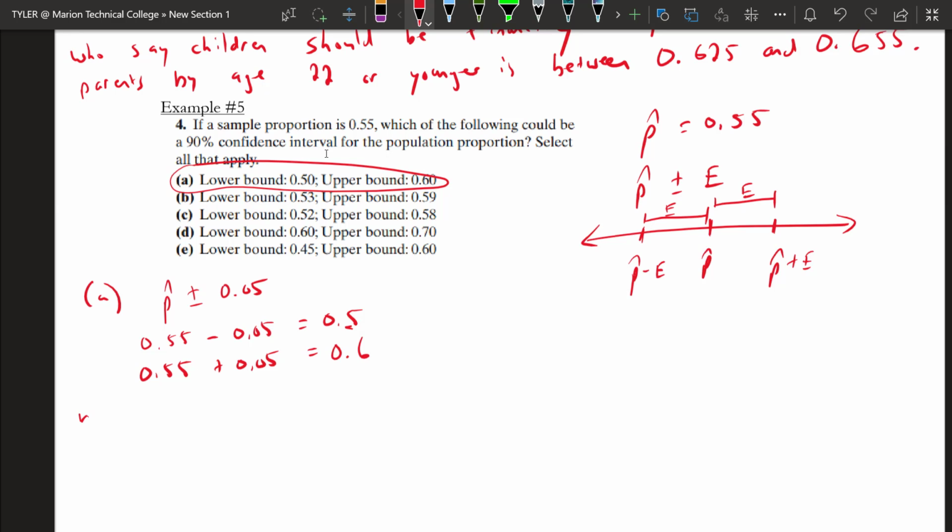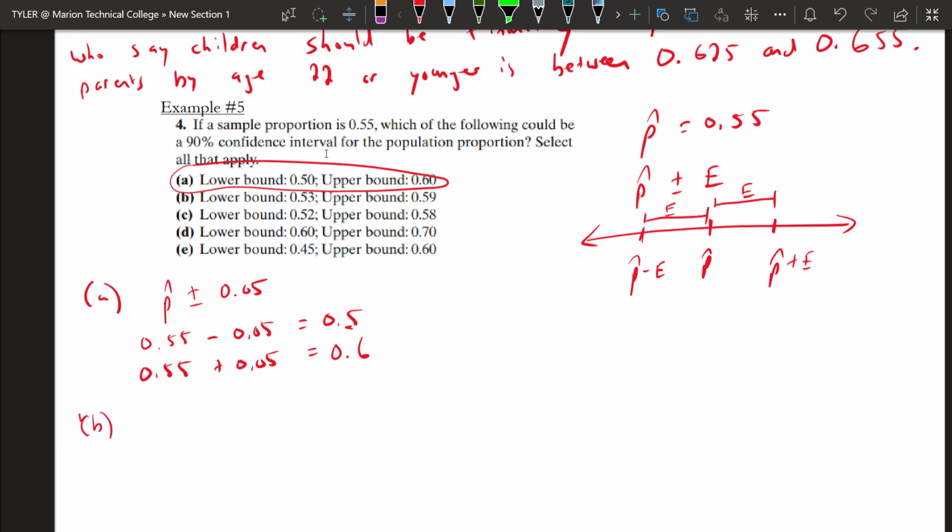So if you look at part B, we have 0.53 and 0.59. If I look at 0.53, I'm going to have to add 0.02 to it to get it to be equal to 0.55, which is p hat.